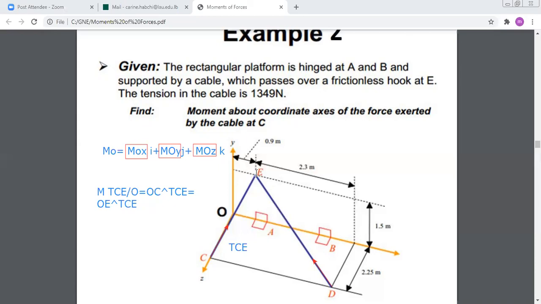So you will choose the easiest point, okay? So for example, here C is on the Z axis. So the coordinates of C are much simpler than the coordinates of E, because E has two components, while C has only a component along Z. This is why I will choose OC vectorial TCE, but you can do it as a practice.